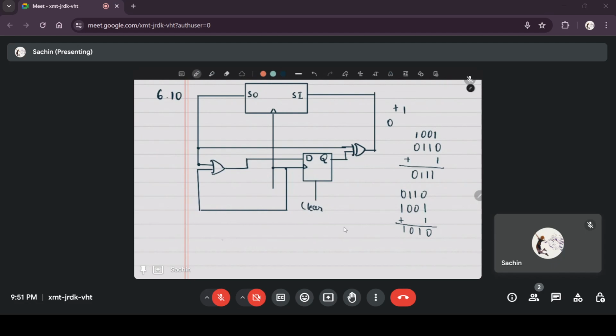Suppose we have the number 0110 in the register. This is the LSB and this is the MSB. The LSB is 0, so before any clock pulse is given, Q is cleared to 0. So the output, if this is our output, will be equal to 0 XOR 0, which is 0.